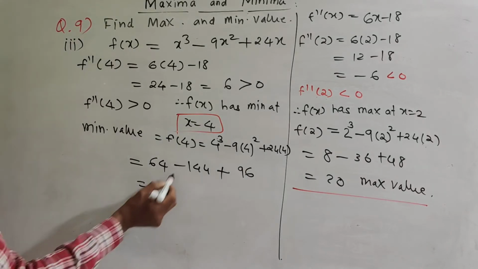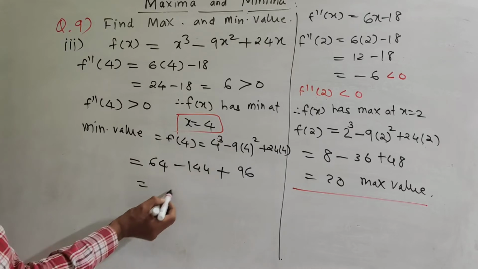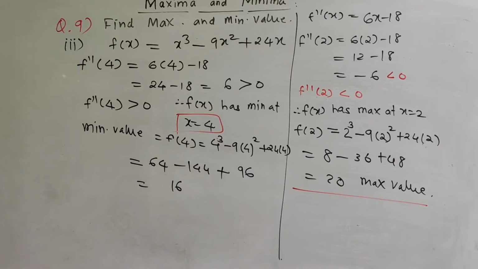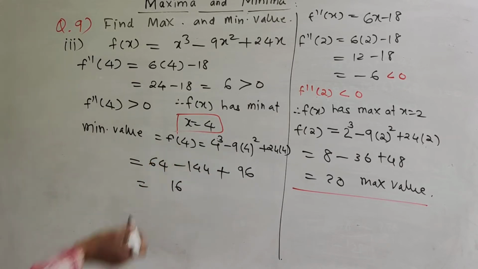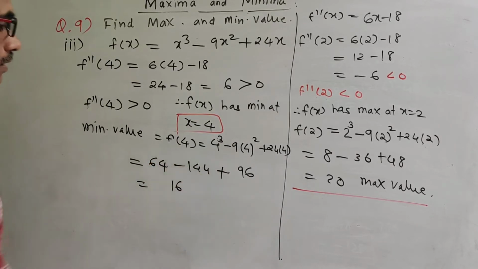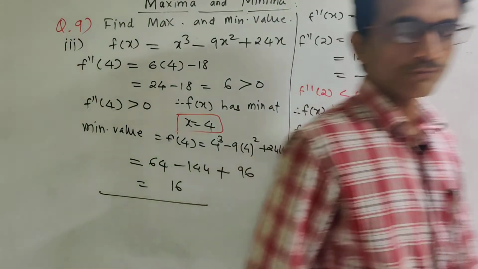Here we are getting 16. So 16 is the minimum value of the function.